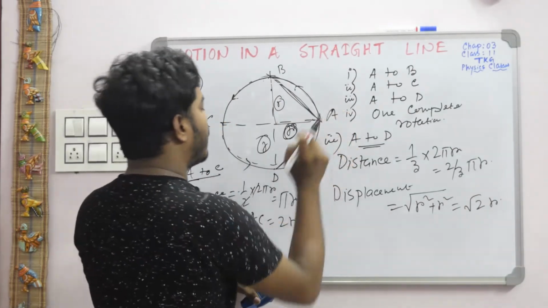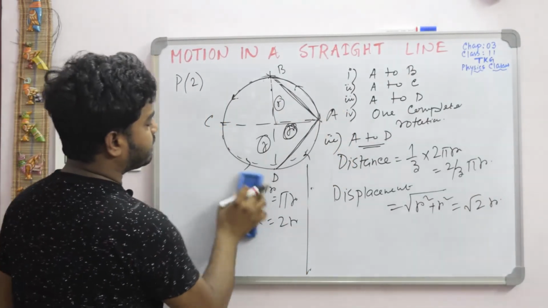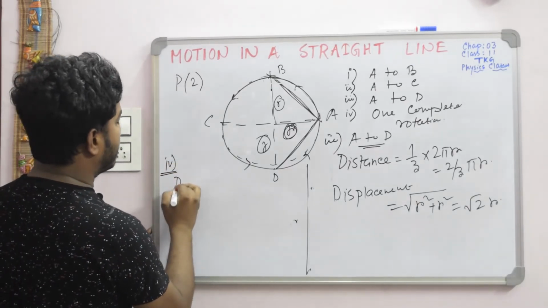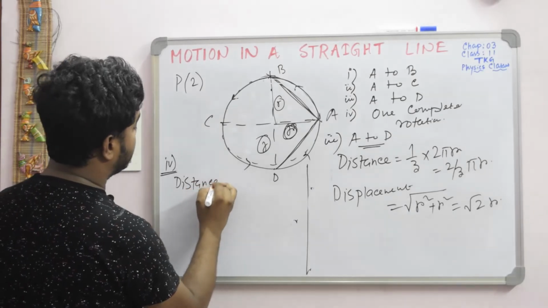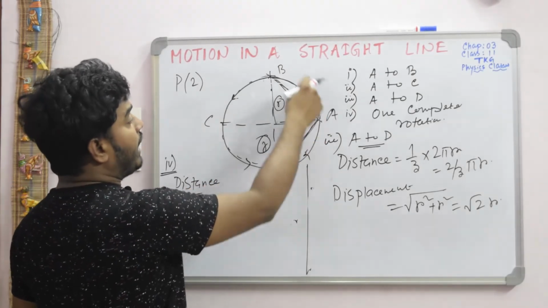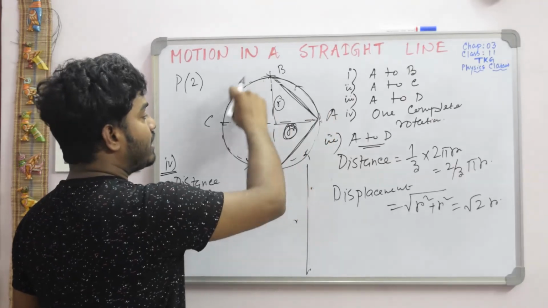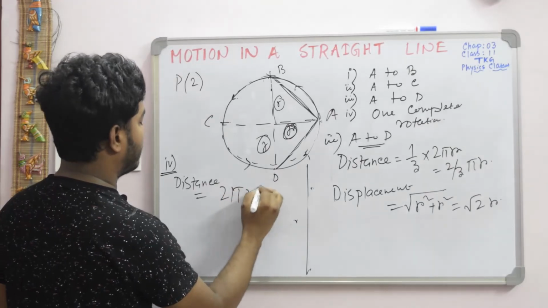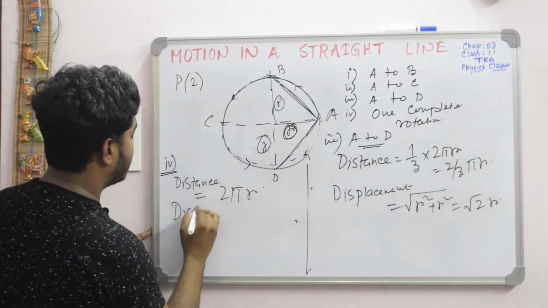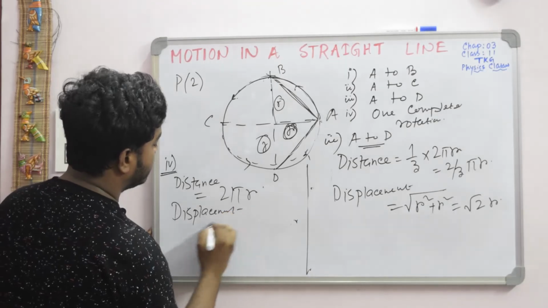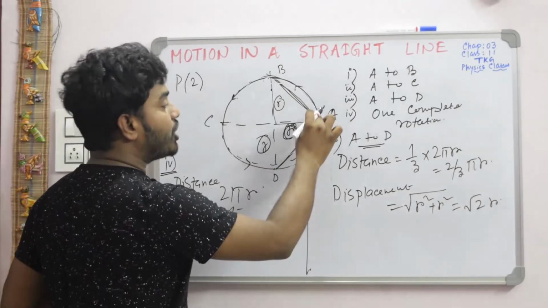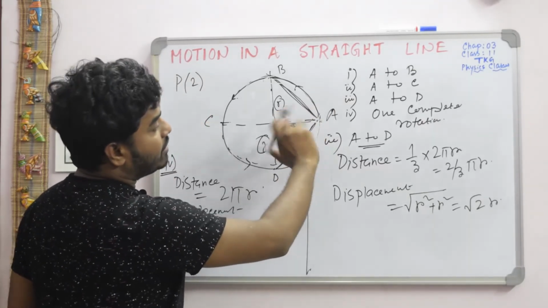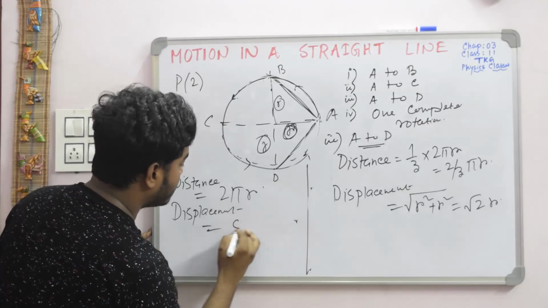Okay. Now case number 4. For distance, there is one complete rotation from A to A. So the distance is the total circle perimeter, that is 2 pi r. For displacement, A to A, the initial point is A and the final point is also A. So the difference between initial and final point is 0.